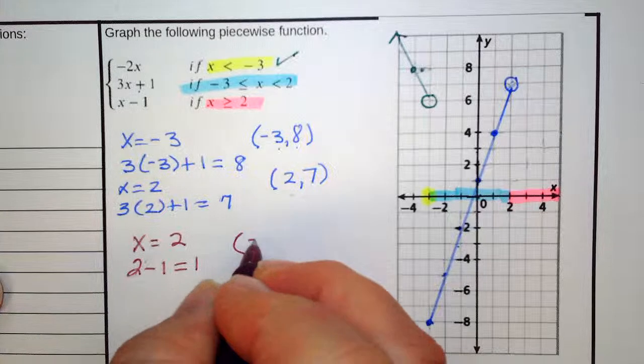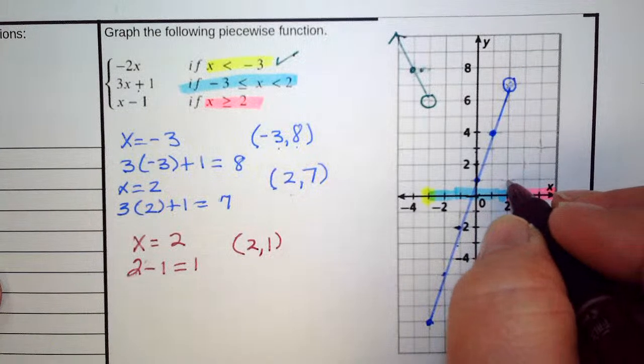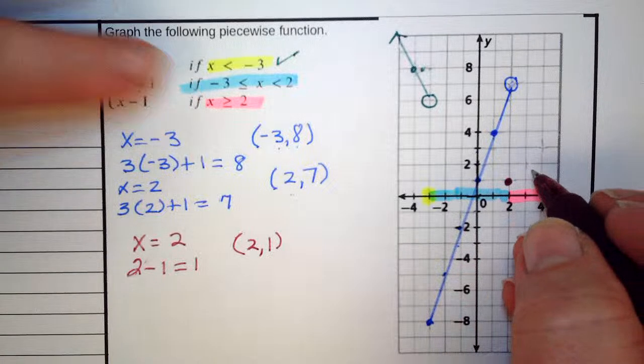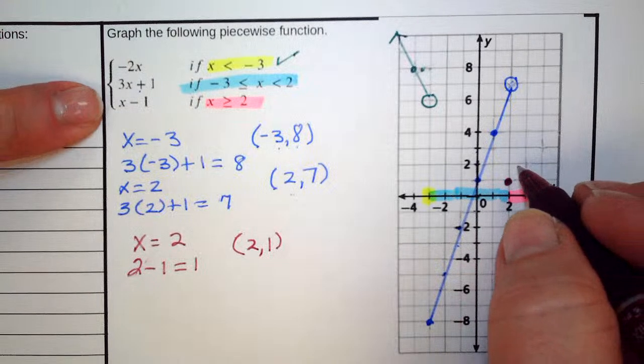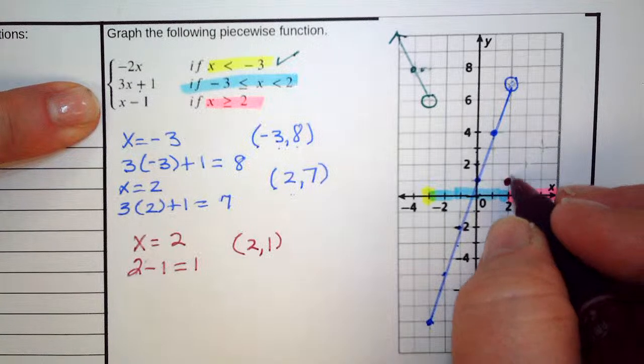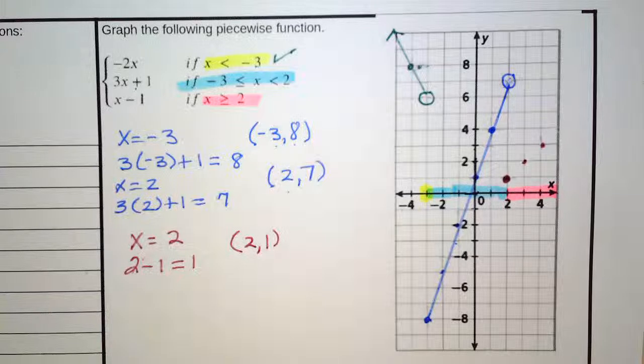So this is a point 2, 1 to begin. Now at this time it is a closed circle because it is equal to. I'm going to have to use my slope of 1 to find my next dot. So I go up 1 and right 1, up 1, right 1. Now this one will go on forever.